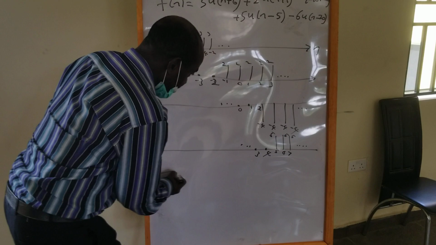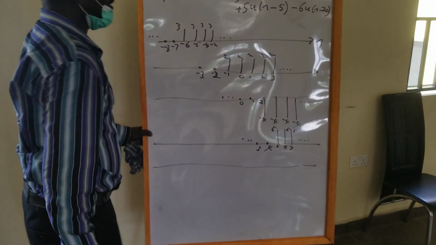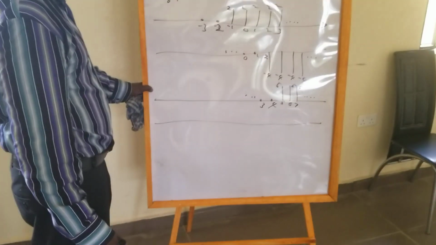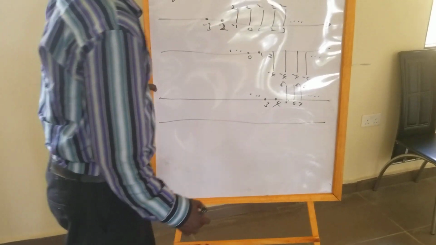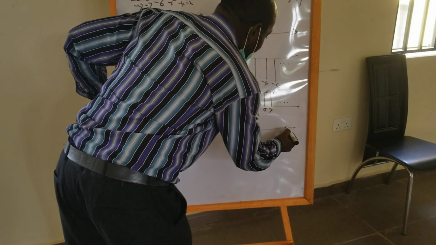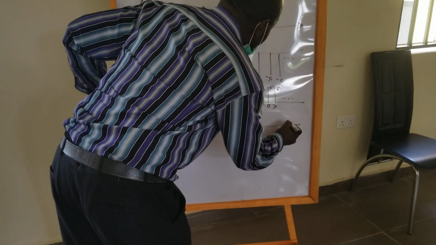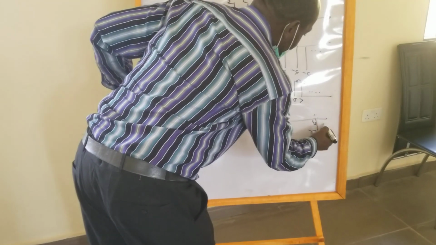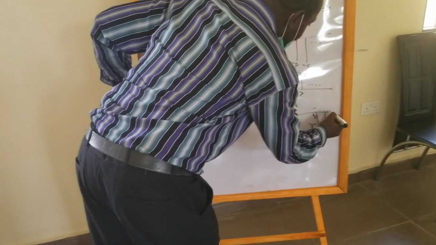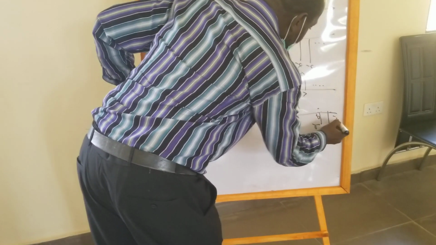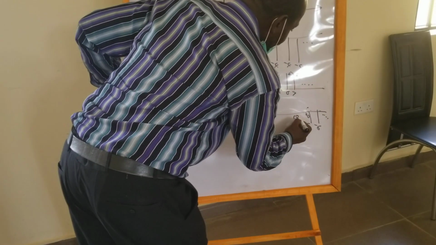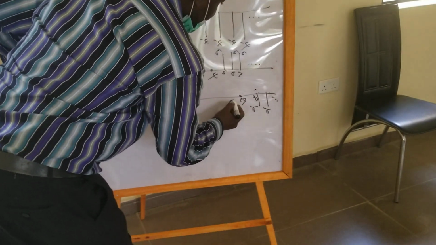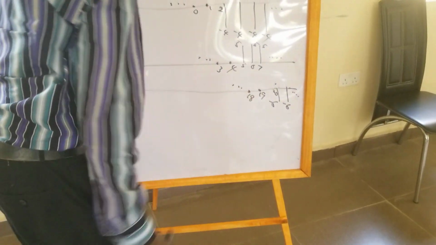And the last one is going to take place where n equals 20. So at 20, I'm going to have minus 6, minus 6. That will continue like that. At 19, 0, 18, 0, like that.